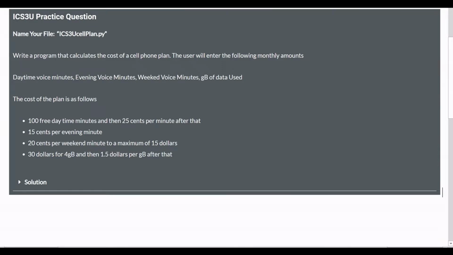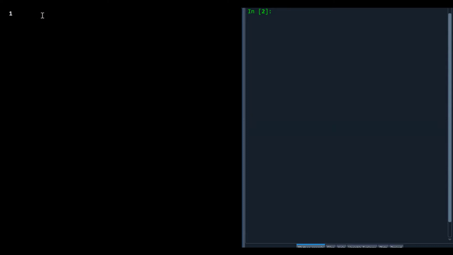So we'll go to our IDE and let's get started. We have to start with the inputs here. We need day, evening, and weekend minutes and the data that was used. All right, so this is going to take a bit. So input, enter daytime minutes, enter evening minutes, and weekend.